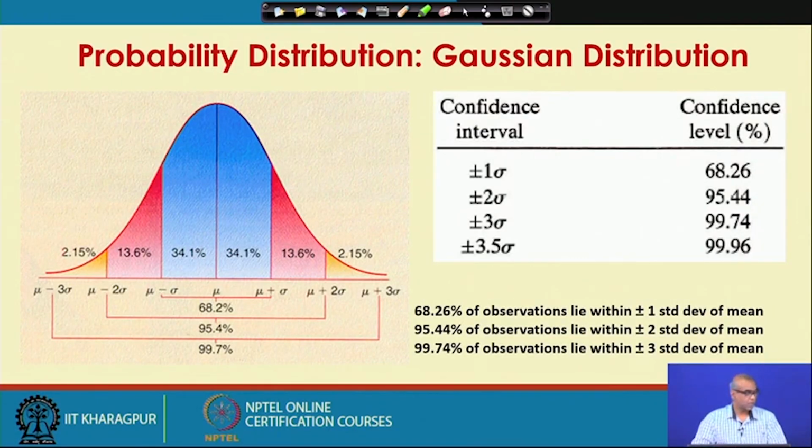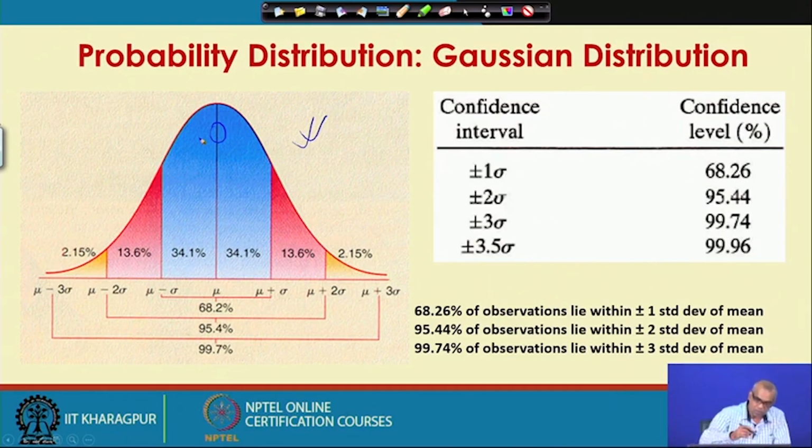Gaussian distribution has several interesting properties. This represents Gaussian distribution and this represents the mean of the distribution. It is known that if you consider an interval which is plus minus 1 standard deviation around mean, then 68.26% of the observations will fall within this interval.